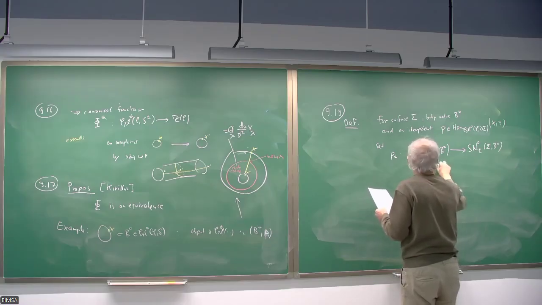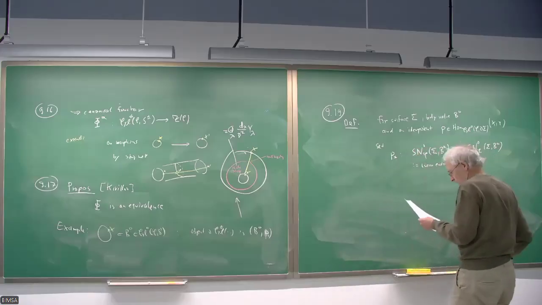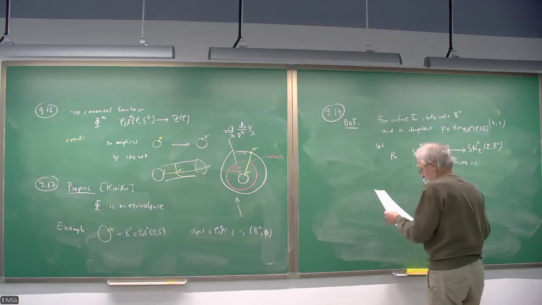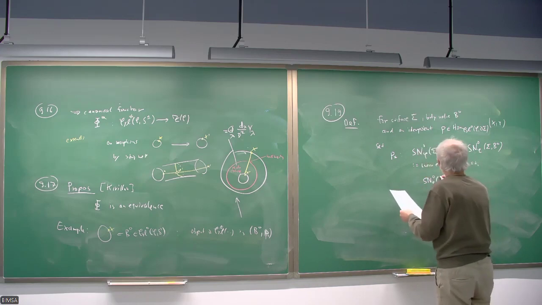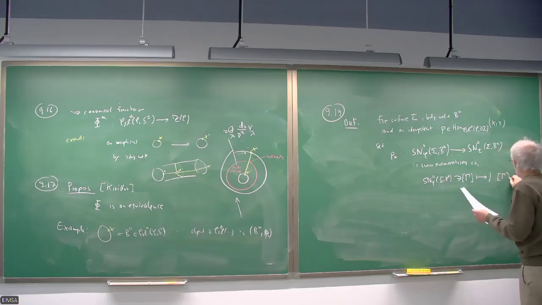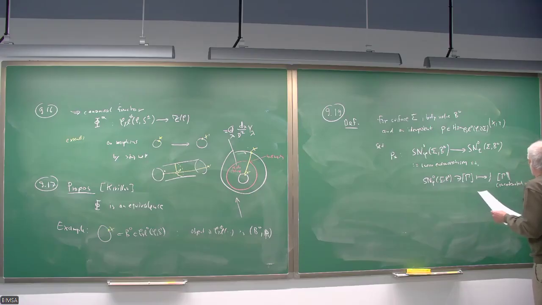It is the linear endomorphism of the space that maps a string net, say a representative graph gamma, to what I get by gamma concatenated with P close to the boundary.